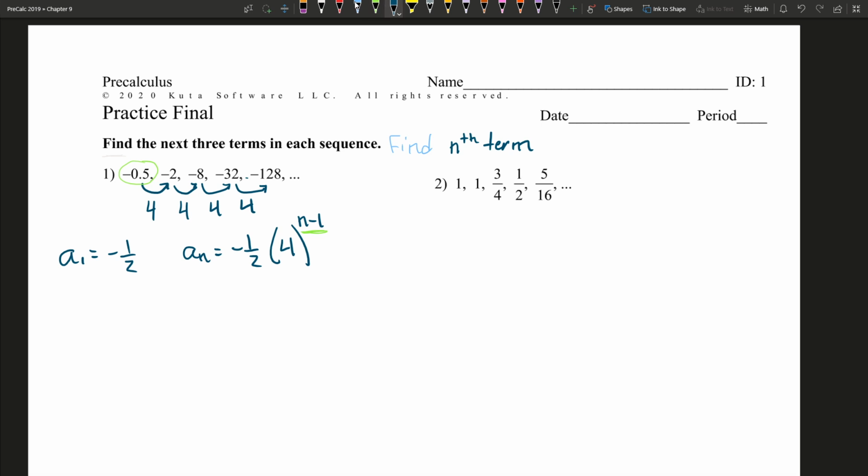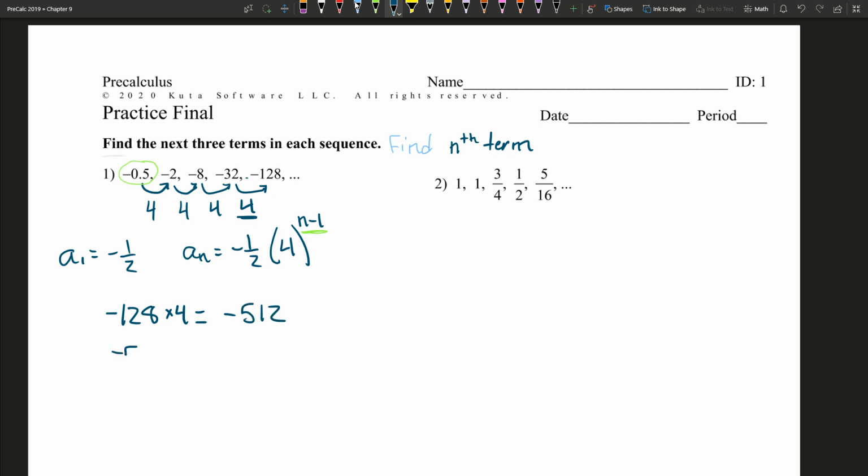And then we need to find the next three terms. So I'm not asking you to plug it in. Once you get this pattern that it's being multiplied by 4, you just have to keep multiplying the next term by 4, right? So the term after negative 128 is negative 128 times 4, which is negative 512.